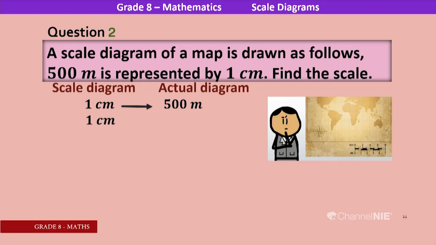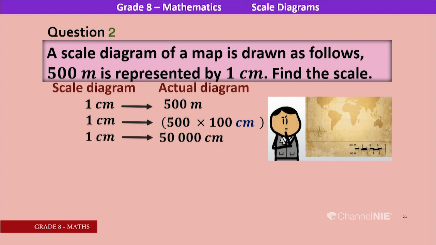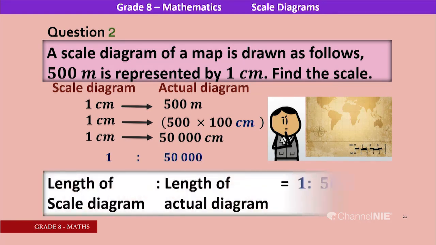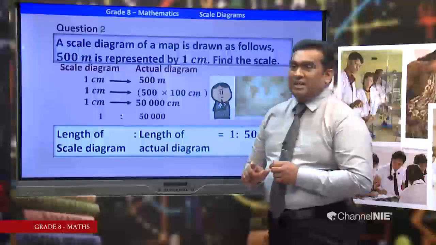Convert these meters into centimeters. 500 multiplied by 100, 50,000 centimeters. 1 is to 50,000. Length of the scale diagram is to length of the actual diagram, 1 is to 50,000.